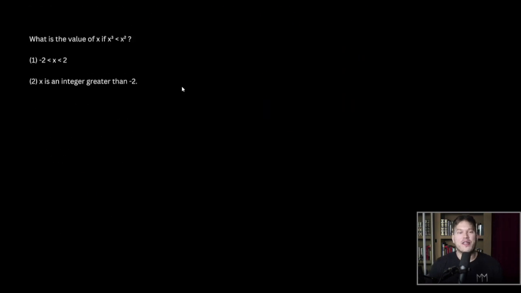What is the value of X if X cubed is less than X squared? Well, what does it imply if X cubed is less than X squared? This implies that X must be less than 1. And X must be less than 1 because if X is a fraction, then the cubed fraction will be less than the squared fraction.